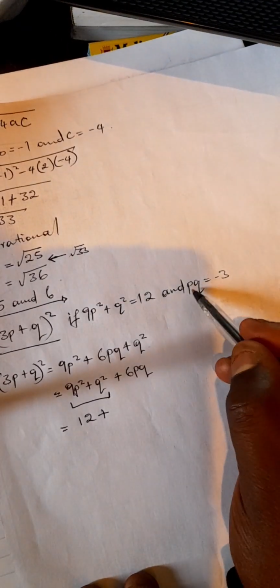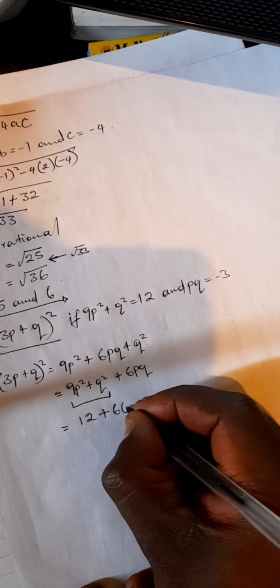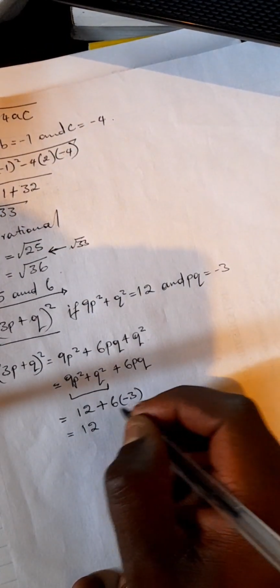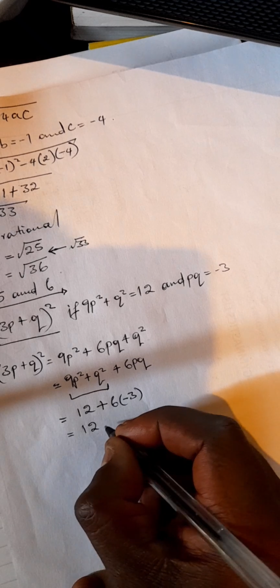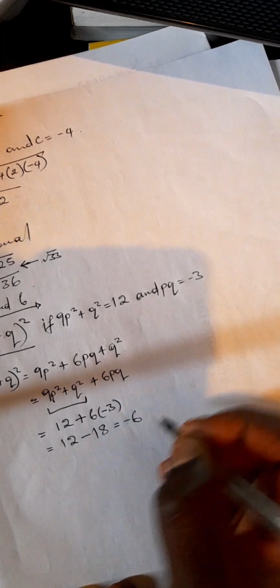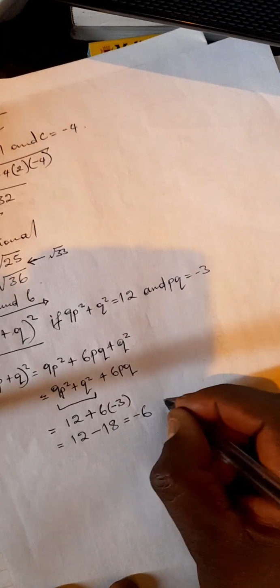We are told that pq equals -3, so we substitute -3. This is 12. 6 times -3, that's -18. So our answer is -6 for 3 marks.